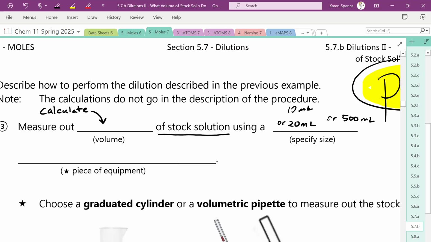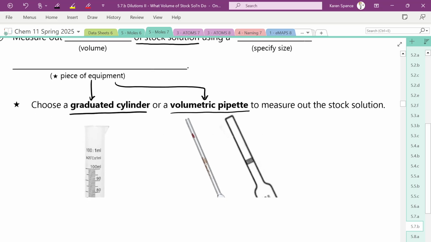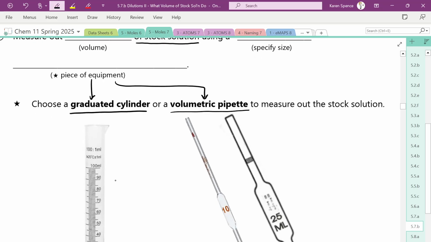So it depends how big the volume is, what piece of equipment you will use. You might use a graduated cylinder, or you might use a volumetric pipette.